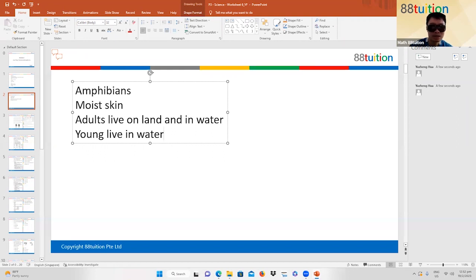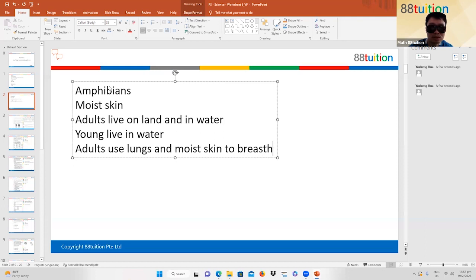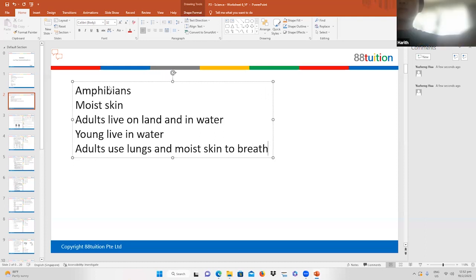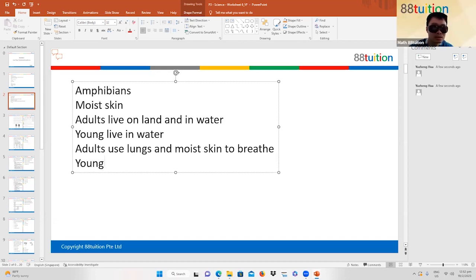Haris, write this down, yeah? And the adults here use lungs and moist skin to breathe, okay? Moist skin to breathe, and young use gills to breathe, okay, in water.